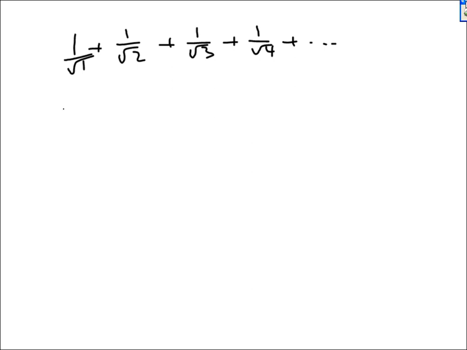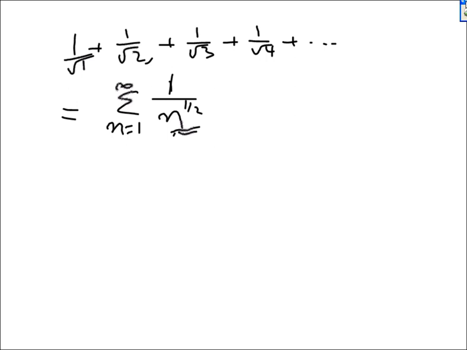Well, this is the summation of 1 over n to the half. Remember, square root means half, as n goes from 1 to infinity. If n is 1, you get the square root of 1 first. And if n is 2, you get 2 to the half in the bottom, which is square root of 2.